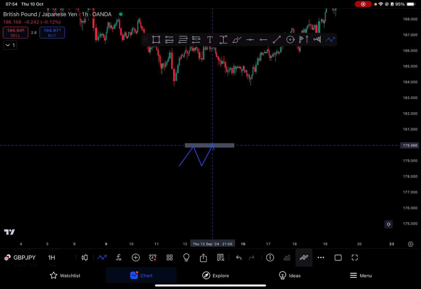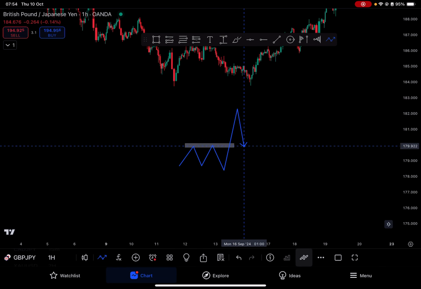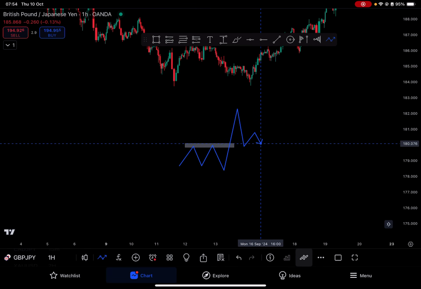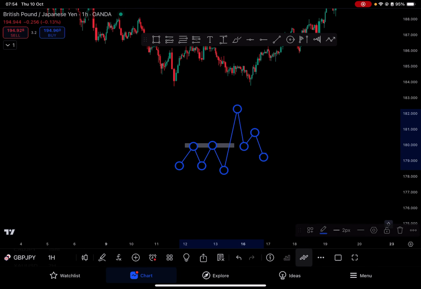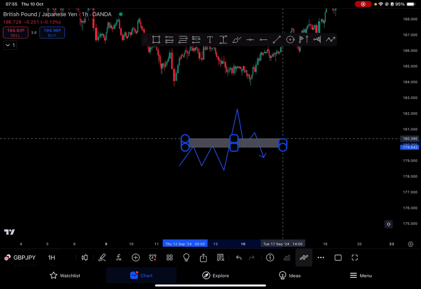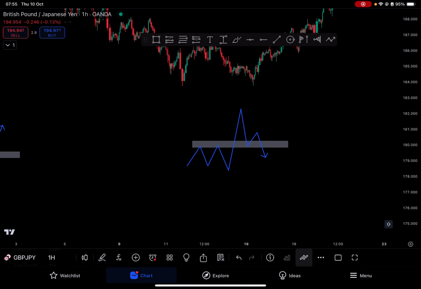Reject, reject, break. Now, if you have something that looks like this, your trade is invalidated. There's a difference between an invalidated setup and a turtle soup.